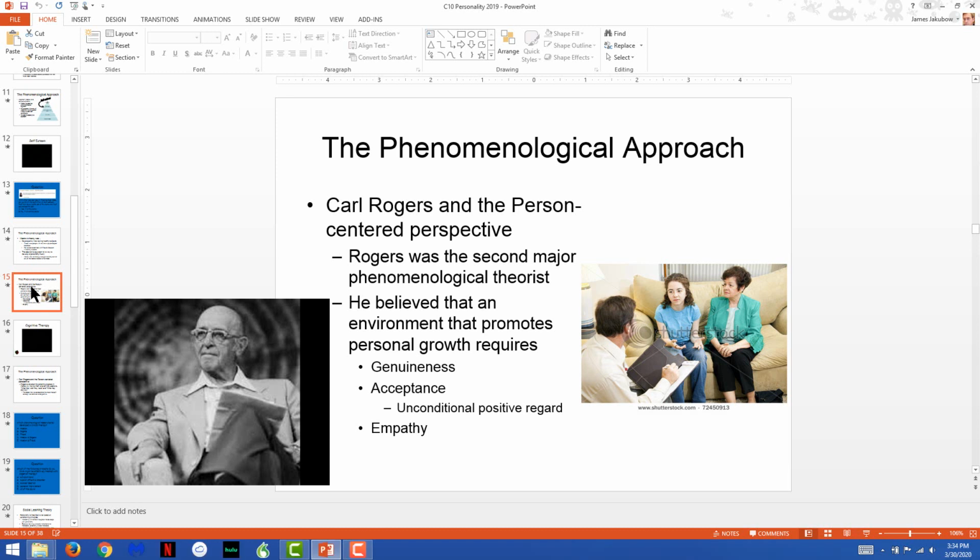Now, what is it that Carl Rogers actually does that makes a phenomenological approach useful? Well, his approach really leads to the development of the three concepts that you see there on the bottom of the screen: the concepts of genuineness, acceptance, and empathy.